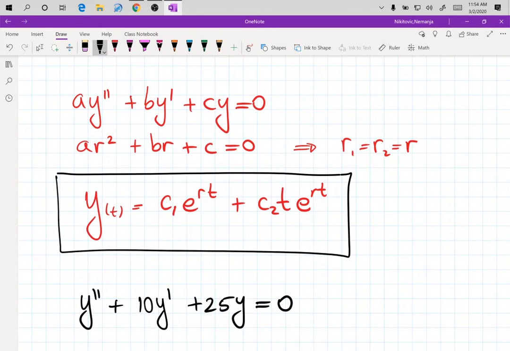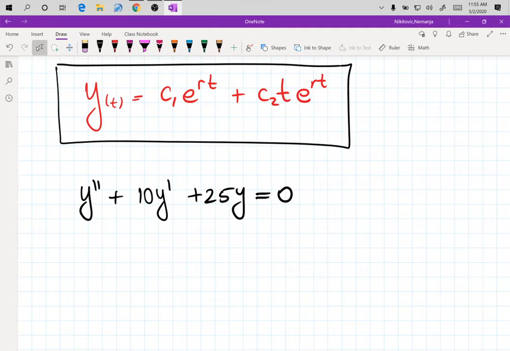You can factor this, or you can use the quadratic formula, or completing the square. We write immediately r squared plus 10r plus 25 equals 0.